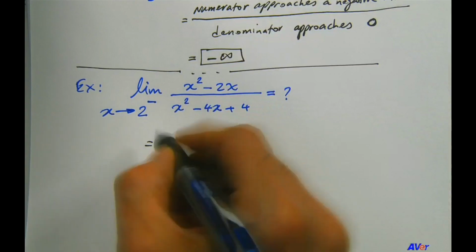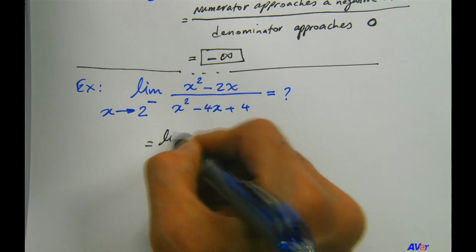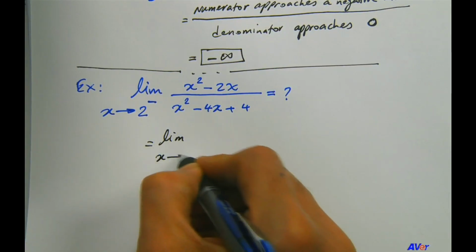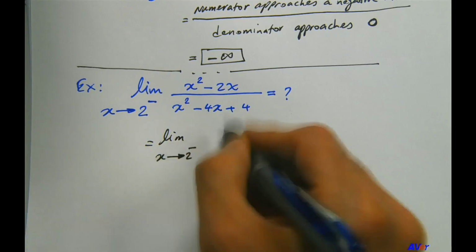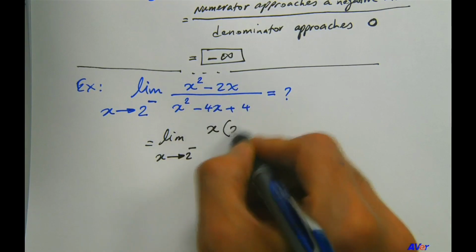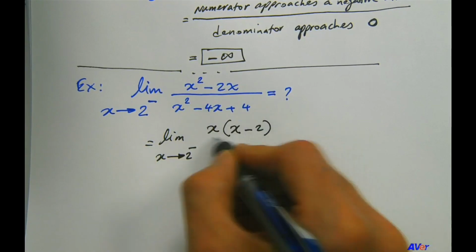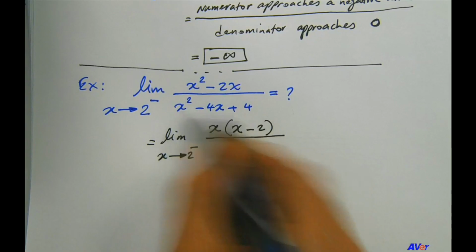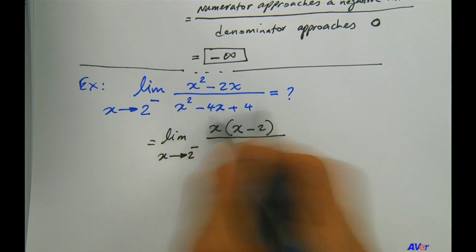So we have the limit as x approaches 2 from the left of x, let's factor the numerator, x times (x minus 2), divided by, take a look at this, this is an easy factorization, right? (x minus 2) squared.